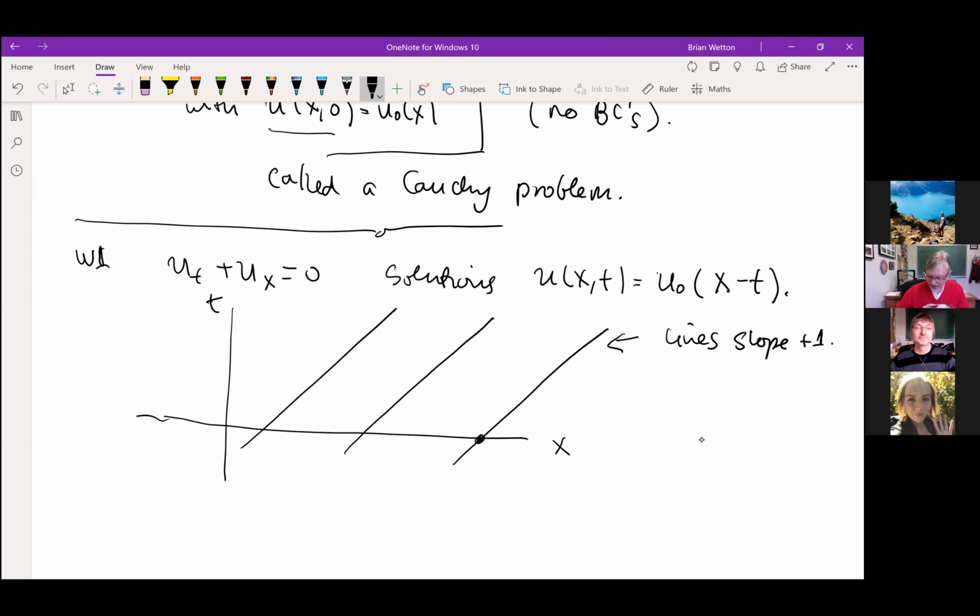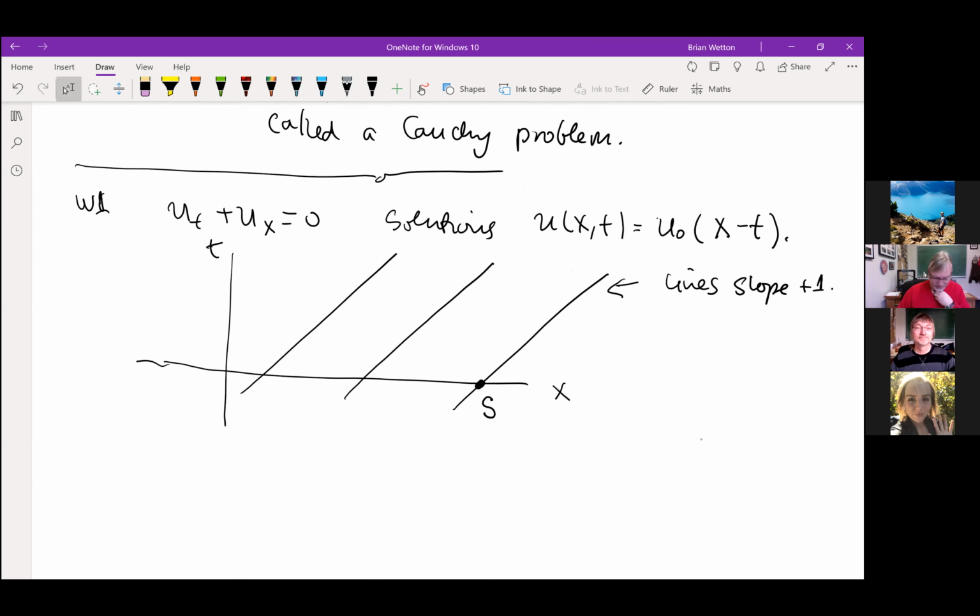And they have an x-intercept, which I'm going to call s. Well, s is not x, but I can look at these lines. This is x equals t plus s.